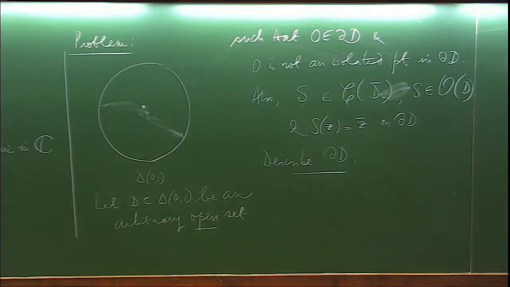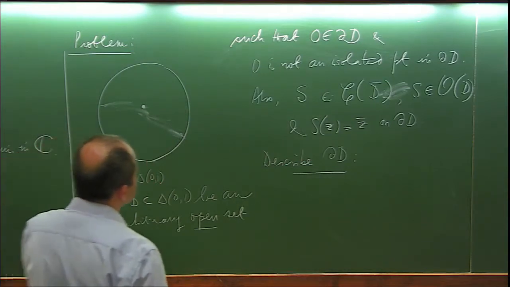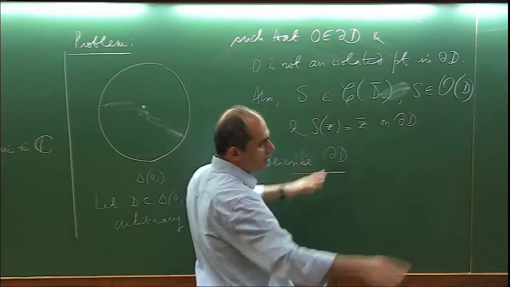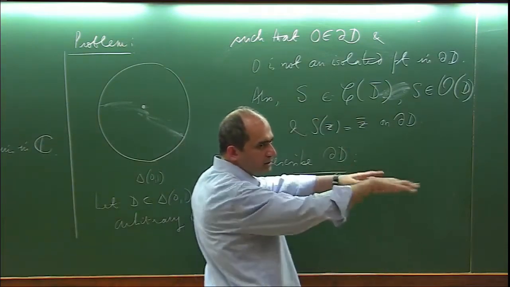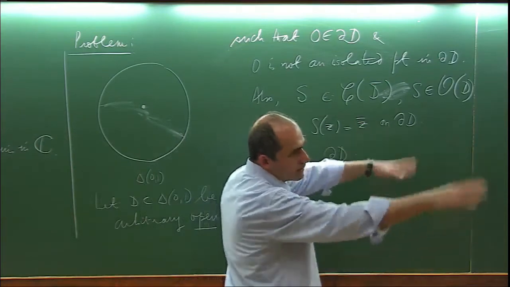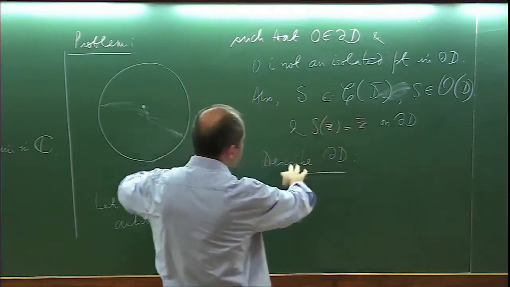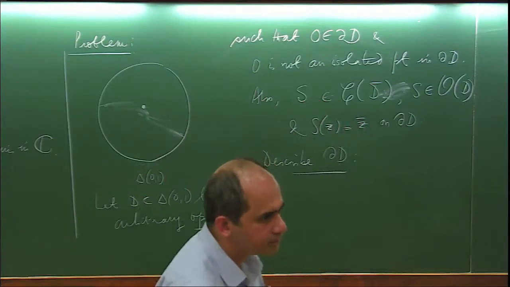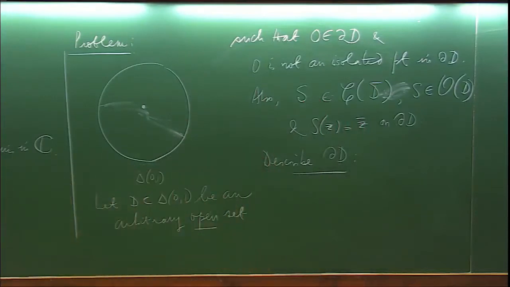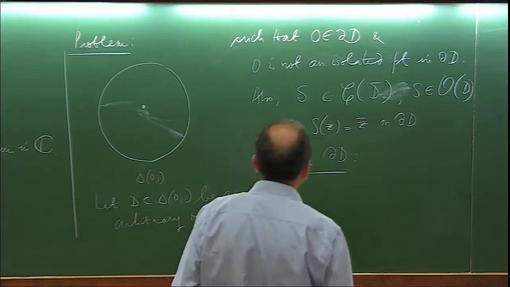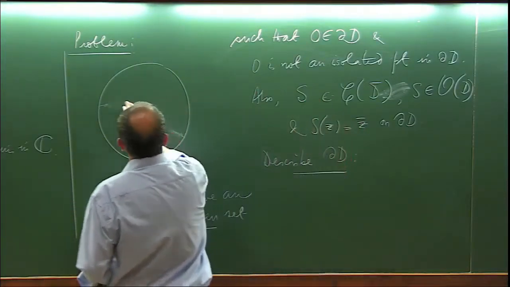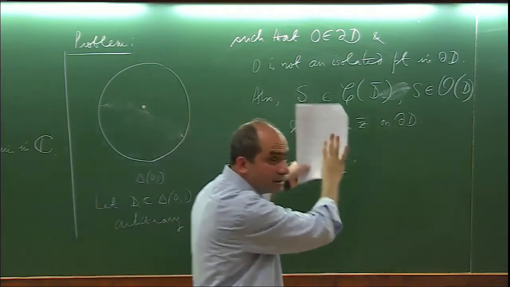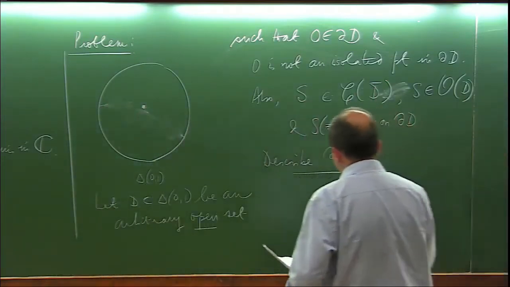So if you think about this in connection with what we have discussed about quadrature domains, you have exactly this situation but it's a global thing. S is defined everywhere in your domain, it equals z bar, and therefore there is algebraicity and so on. So this is a very local version of that problem. So Sakai proved a very beautiful theorem which completely describes all possible domains and their boundaries with this data.